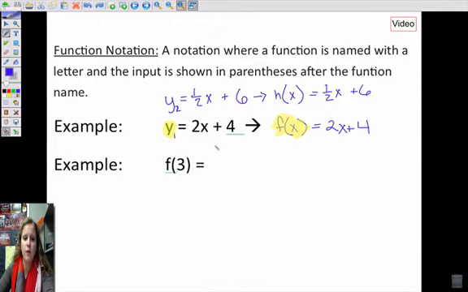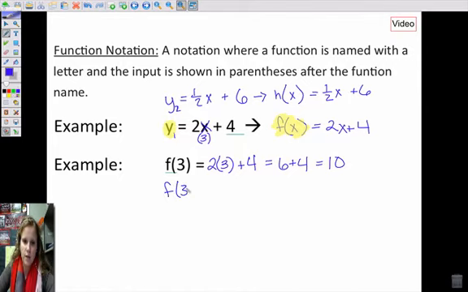Before, if I said calculate y when x is 3, you would have put 3 in and crossed out the x and calculated. Now we write that as f of 3. So f of 3 is literally the same thing. It's 2 times, instead of x, 3, plus 4. 2 times 3 is 6, plus 4, so f of 3 is 10.